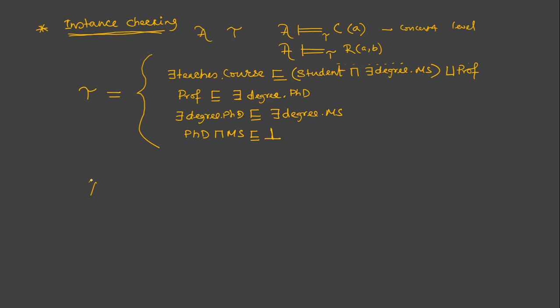Now what is our A box? Now this A box contains different assertions. And what are the assertions? So we say John teaches chemistry, right? John is a member of the class of the individual that teaches at least one course. So chemistry, right?